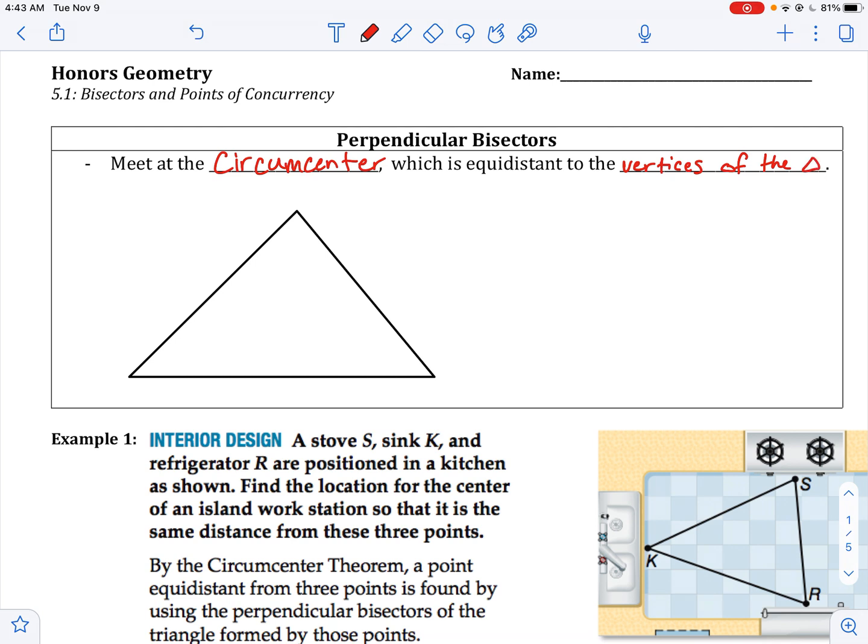So if I drew in the perpendicular bisector, what I would like you to do is take a ruler and measure out the middle of each segment. And I'll try my best to make mine pretty accurate.